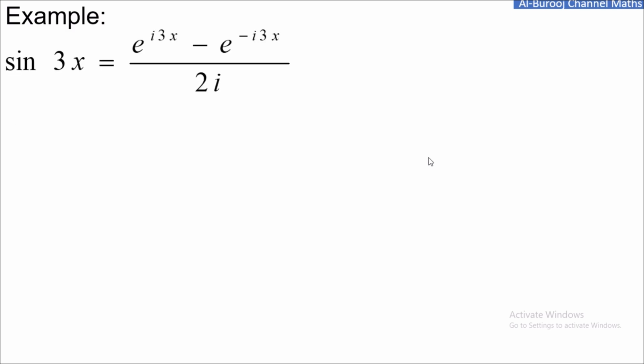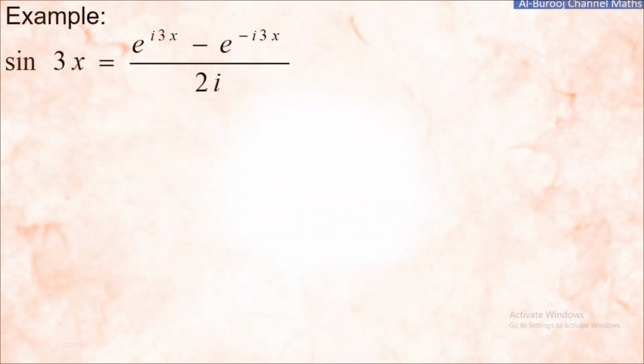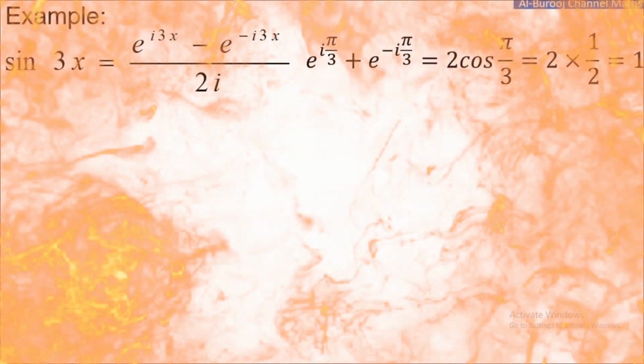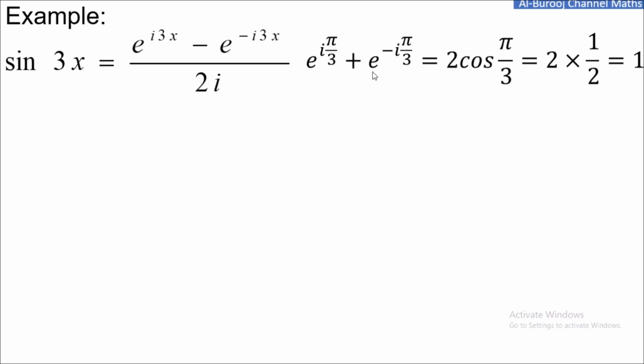Example: sine 3x equals e^(i 3x) minus e^(minus i 3x) over 2i. e^(i pi by 3) plus e^(minus i pi by 3) equals 2 cosine pi by 3 equals 2 times half equals 1.